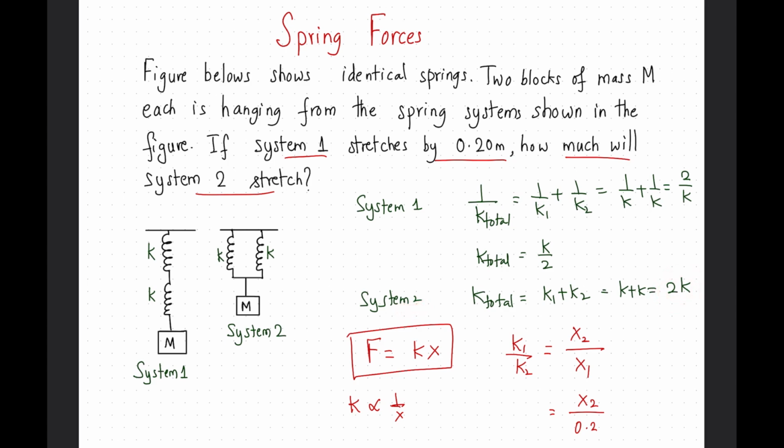So let's just substitute that. k over 2 over 2k, and we can simplify this because the k's will get cancelled out, and I'll get 1 over 4 equal x2 over 0.2. So if we calculate this x2, we'll get 0.2 over 4, which is going to give us 0.05 meter. So that's the value for x2.